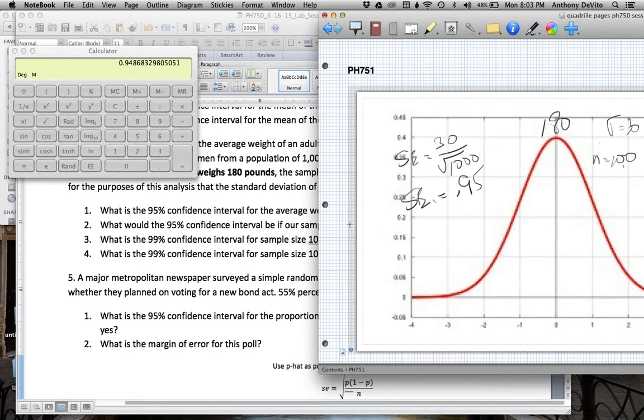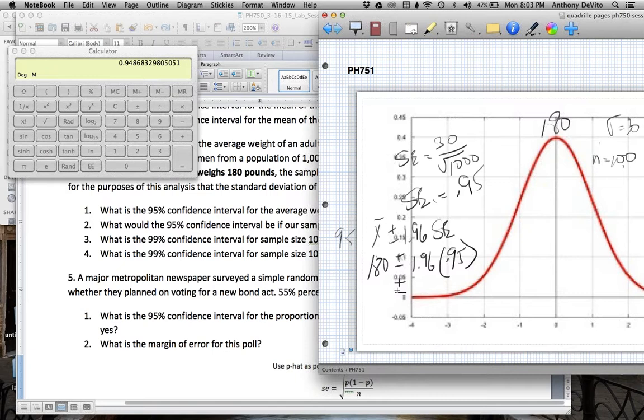So a 95% confidence interval is going to be X bar plus or minus 1.96 times my standard error. X bar is 180 plus or minus 1.96 times 0.95.